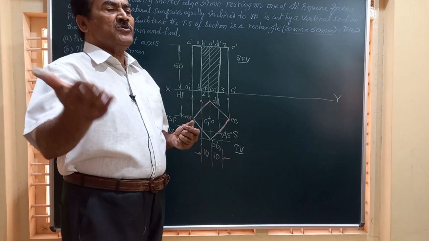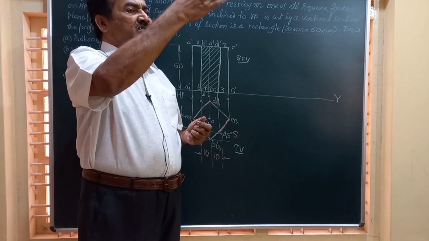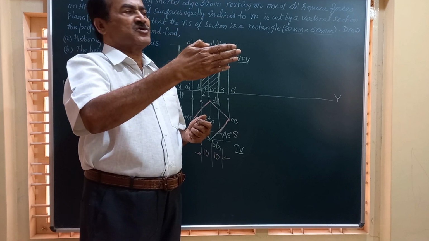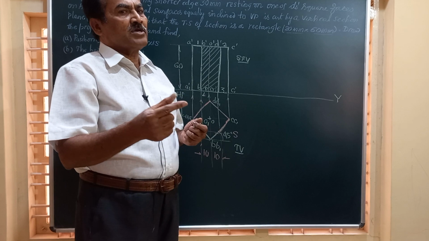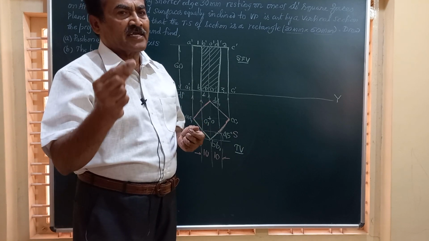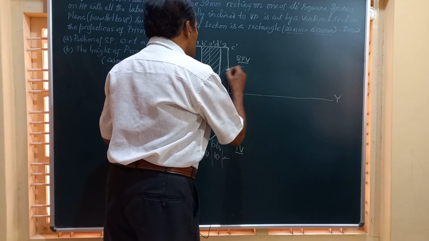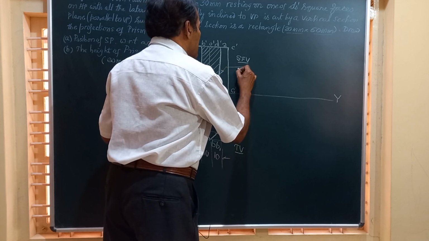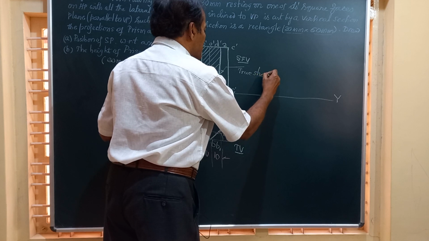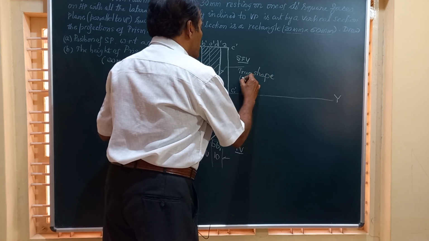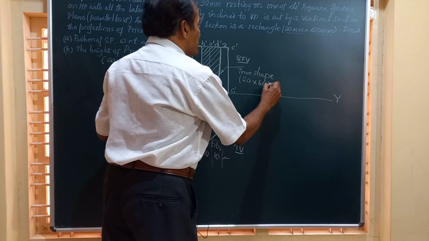I have told you at the beginning of the session that whenever a prism or a cylinder is cut by a section plane parallel to the vertical plane, the true shape is going to be a rectangle. So here this is the true shape and this true shape is a rectangle. I will say this is the true shape of section which is a rectangle 20 millimeter by 60 millimeter.